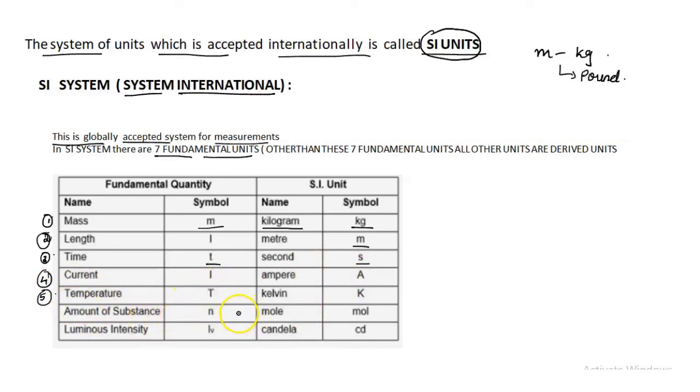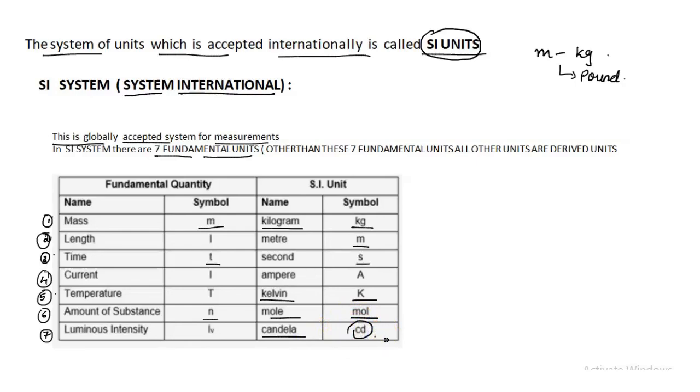We represent temperature as capital letter T, and SI unit for temperature is Kelvin, represented as capital letter K. Next one, amount of substance, that we also learn in chemistry, and the symbol for amount of substance is small letter n, and SI unit is mole, represented as mol. And last fundamental quantity, the 7th one, is luminous intensity, and SI unit for luminous intensity is candela, represented as cd.